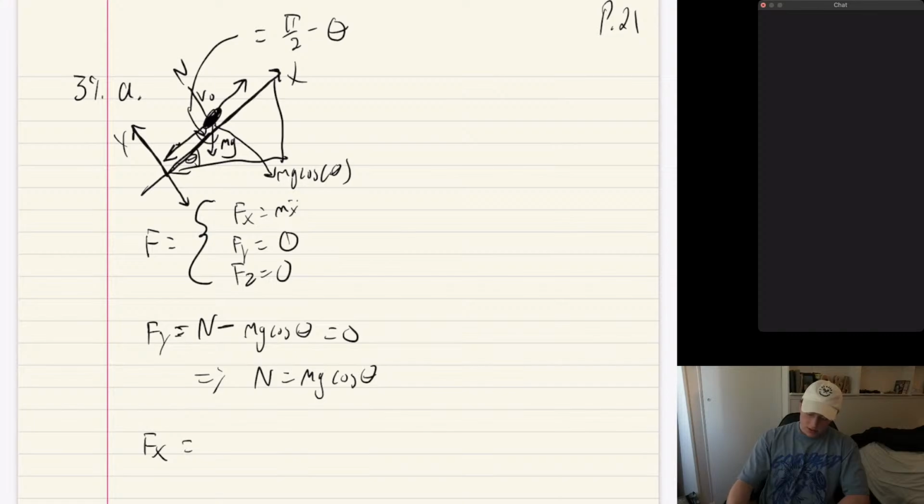Well, it's mg, so that's okay. It's mass times acceleration minus mg theta.